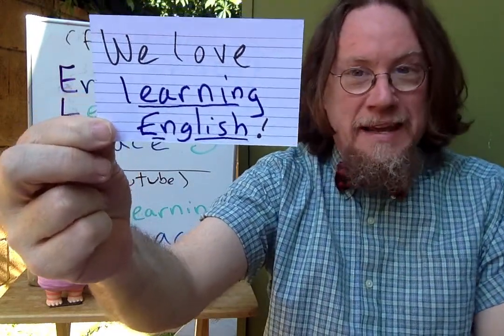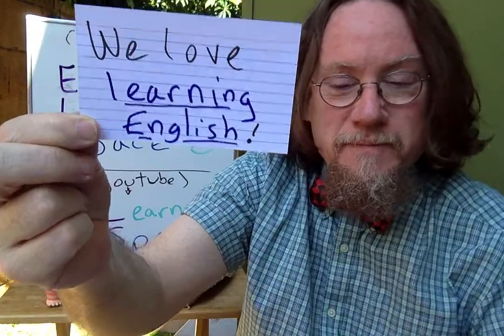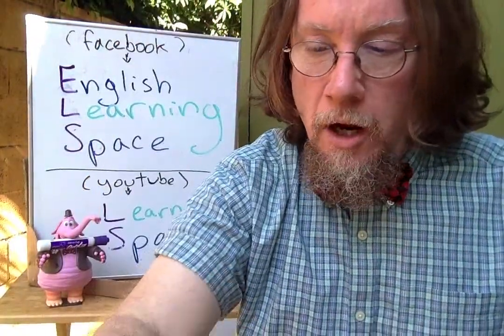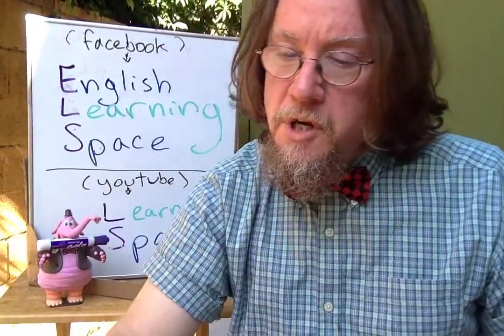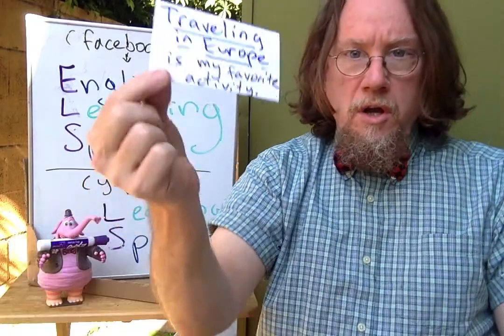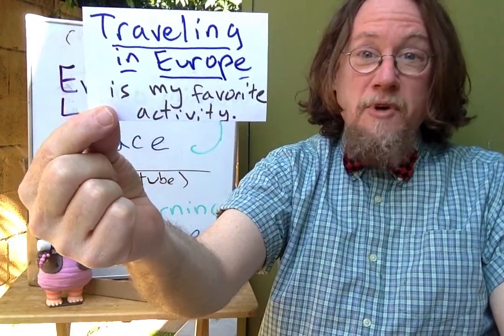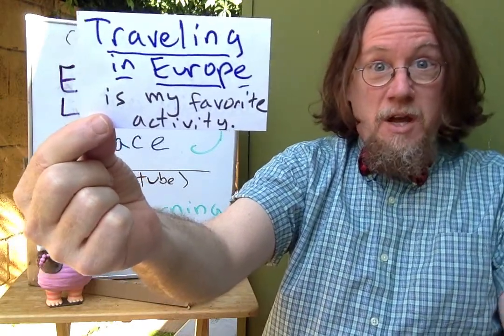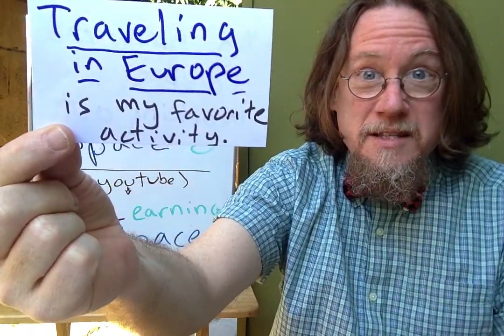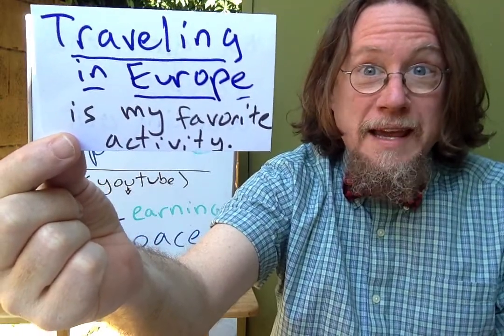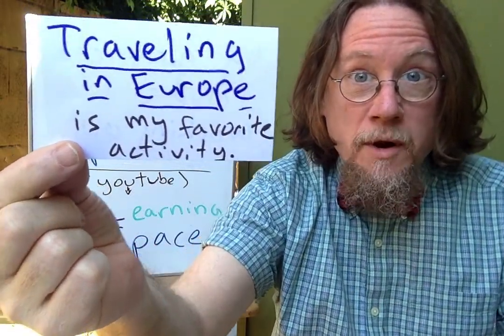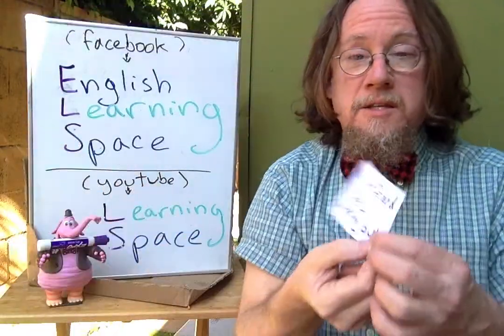Now let's take a look at some more examples. Traveling in Europe is my favorite activity. So the subject of this sentence is traveling in Europe. It's a gerund phrase or a noun phrase.